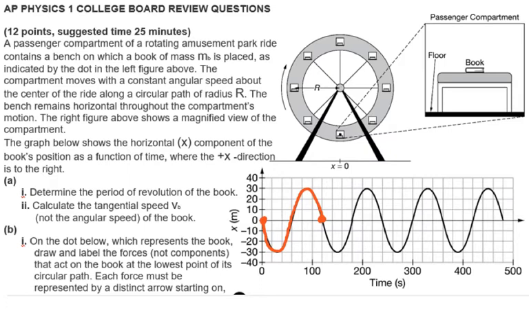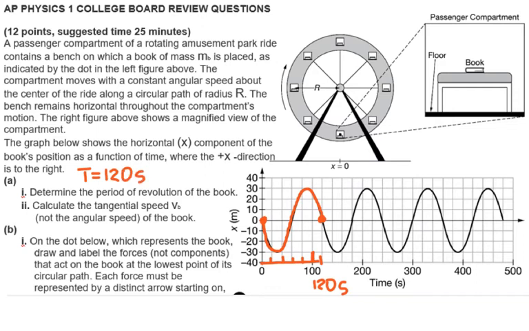And it looks like this time is 120 seconds. Each increment 1, 2, 3, 4, 5 makes 100, so each one of them is 20. So the period it takes to go around the circle is 120 seconds.